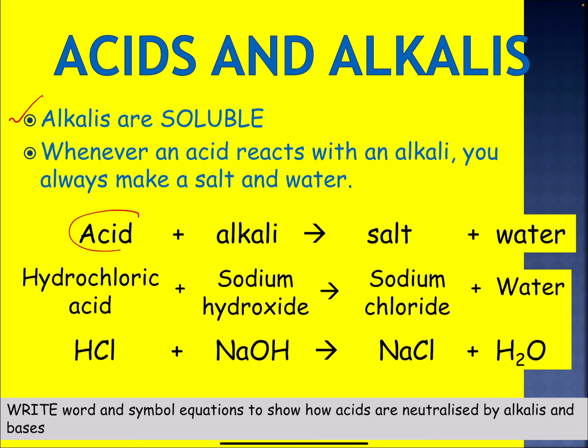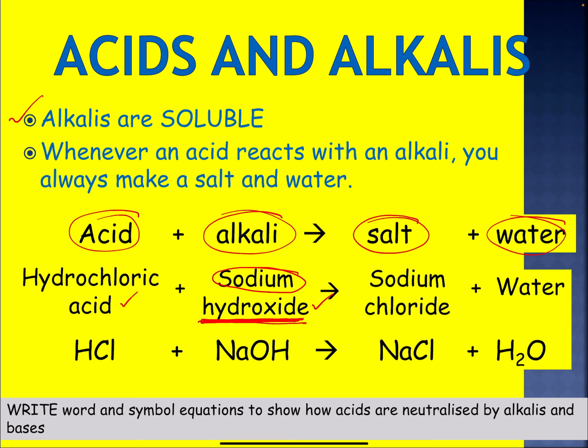So there's your acid reacting with an alkali to give you salt and water. So the acid we're using is hydrochloric acid. The alkali is sodium hydroxide. What you need to remember, alkalis end with that word. Okay. There's your metal.